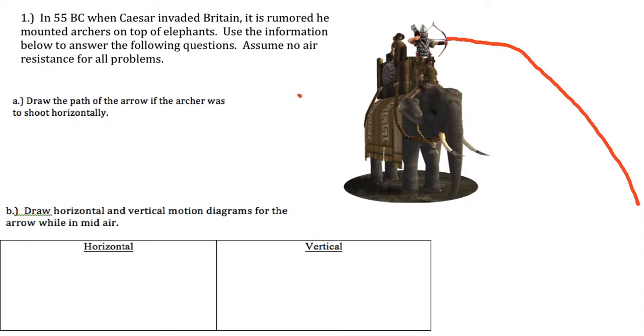It doesn't ask for it, but if I were to do a force diagram, mid-air, the only thing acting on it is the force of gravity. The force of gravity only pulls downward on it. It does not pull left or right at all. Meaning, that force of gravity cannot affect the horizontal motion. Whatever speed he launches this arrow with, it will maintain that speed while it's in the air.